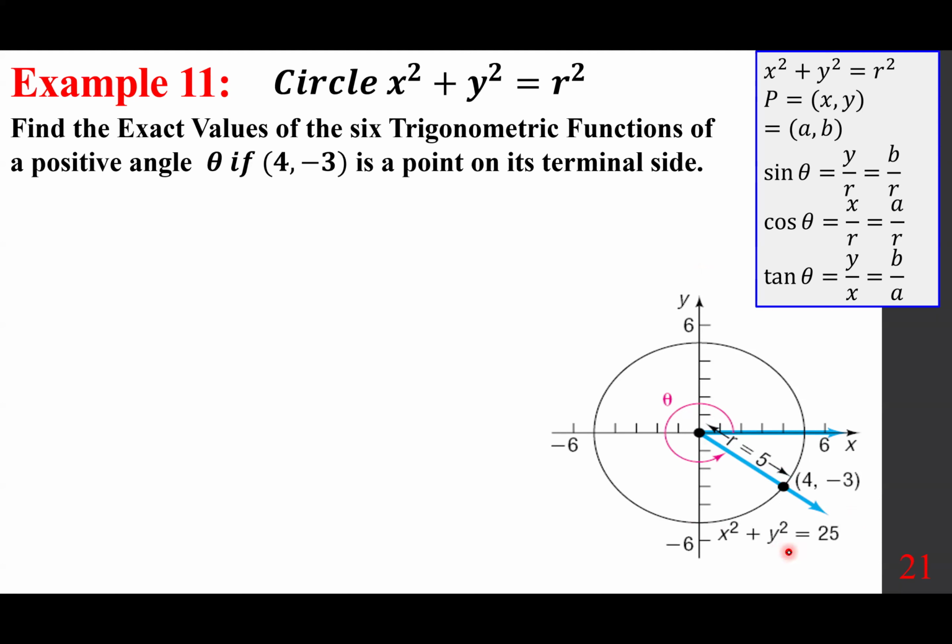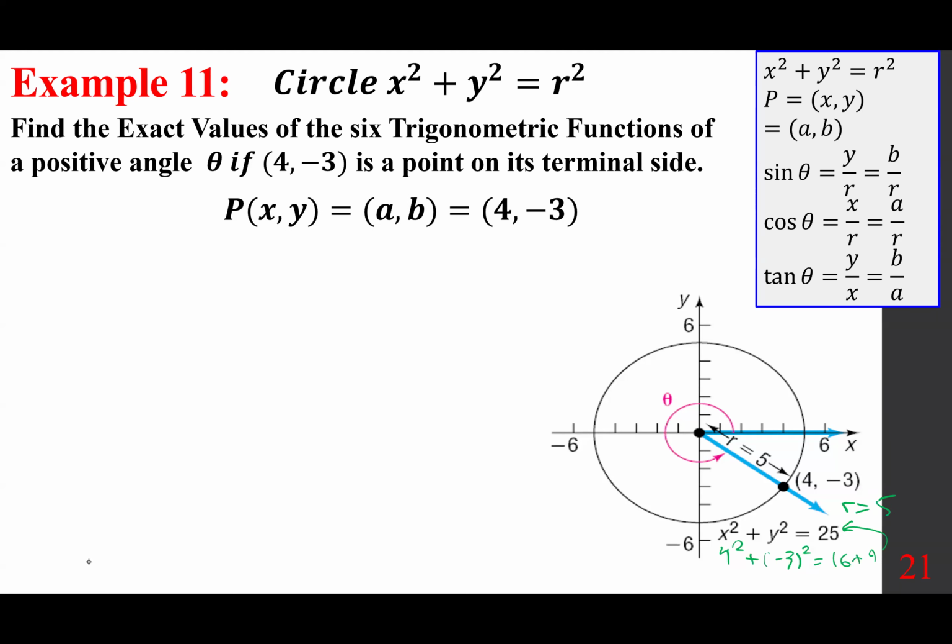We can calculate that: 4 squared plus negative 3 squared. This becomes 16 plus 9, 25, and r becomes 5.